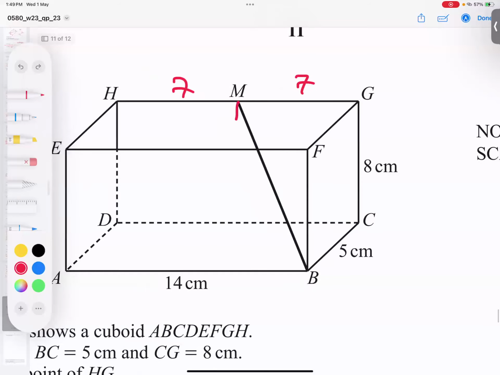If I draw a perpendicular from here and join it with that, this is confirmed 90 degree. And this is understood as 90 degree because every room corner makes 90 degree with the other.